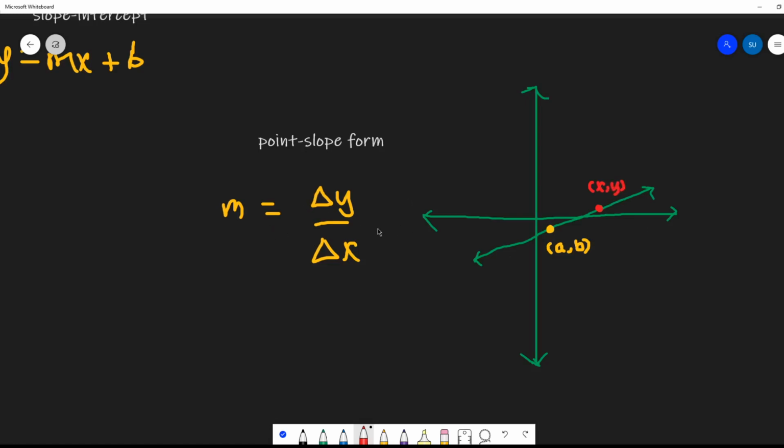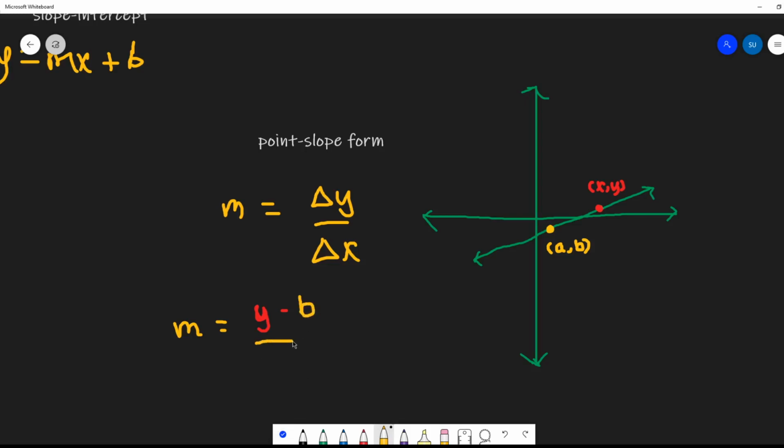Now, instead of putting delta y and delta x, we can now say, although this is much simpler, actually, let me do this. M equals, and the change in y is going to be obviously the difference in y coordinates, so it's going to be y minus b, right?